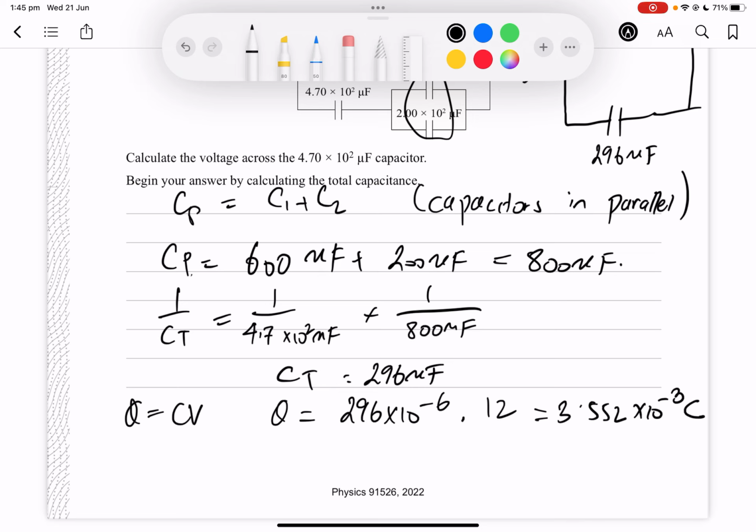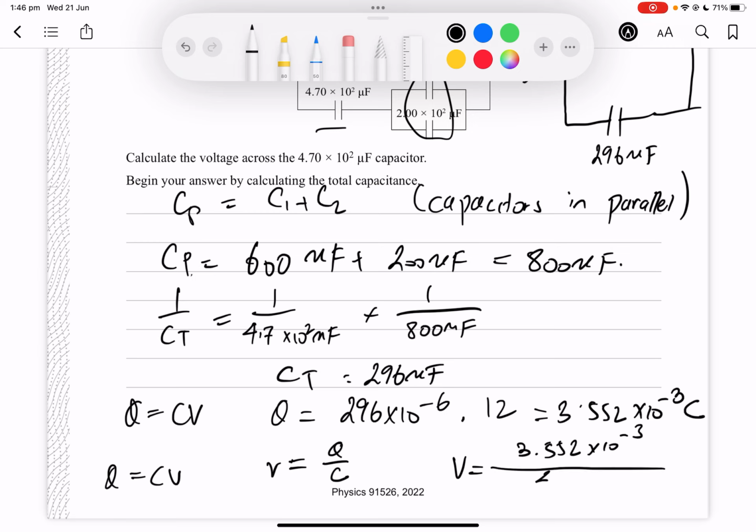And to find the voltage across the 4.7 times 10 to the power of 2 microfarad capacitor, we can use the same equation. Q equals CV, so V equals Q over C. V is what we're trying to find. So V equals 3.552 times 10 to the power of negative 3 divided by the capacitance.